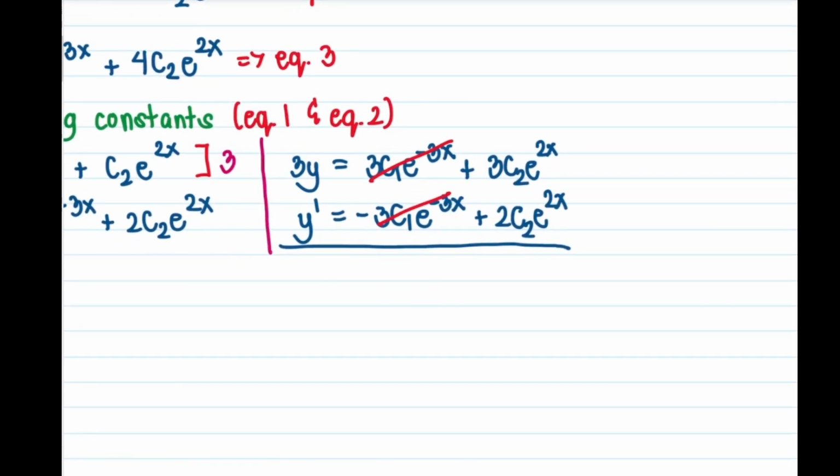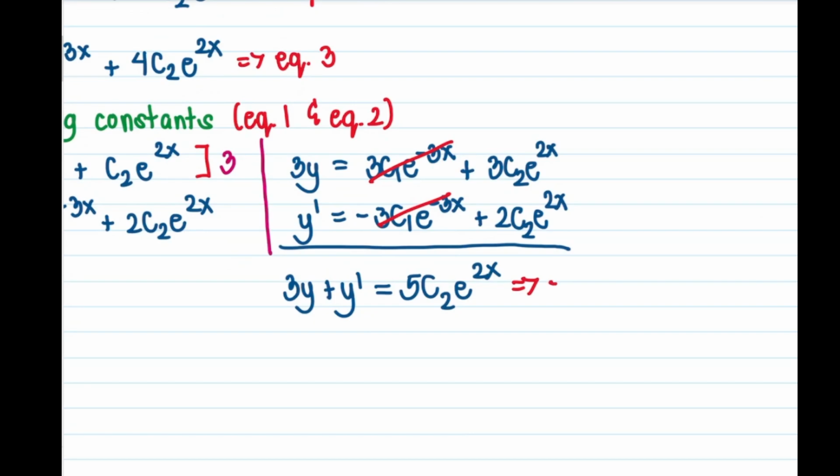So that one will be 3y plus y prime is equivalent to 3 plus 2 is 5c2 e raised to 2x. Okay, so this one will be your equation 4.